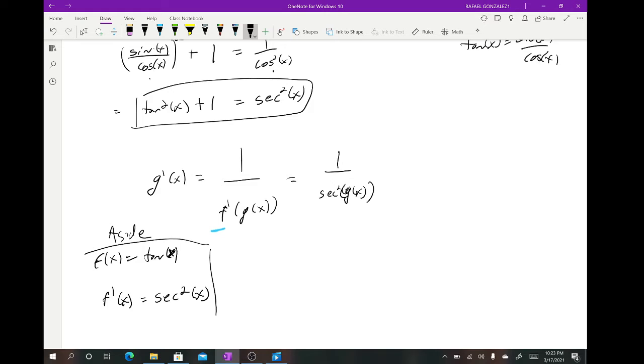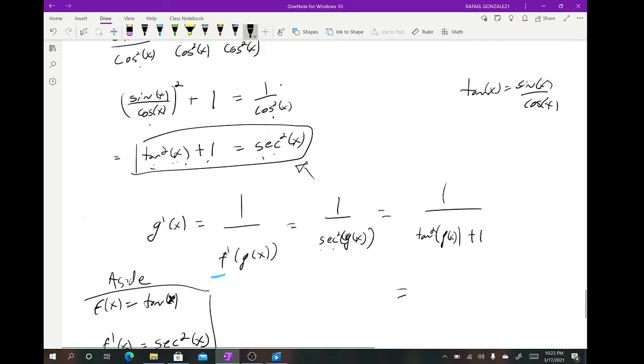But now, we know, because of what I just wrote up here, that secant square x is also equal to tangent square x plus 1. So I could rewrite this as 1 over tangent squared of g of x plus 1. I simply replace secant squared with tangent square x plus 1.